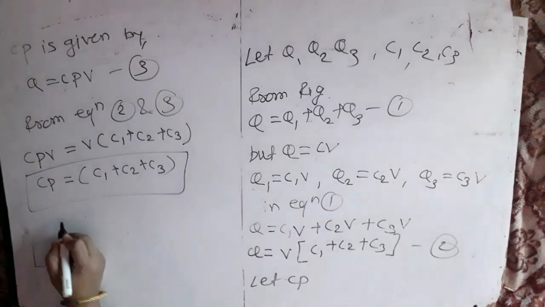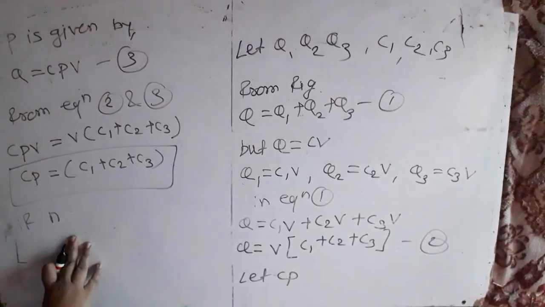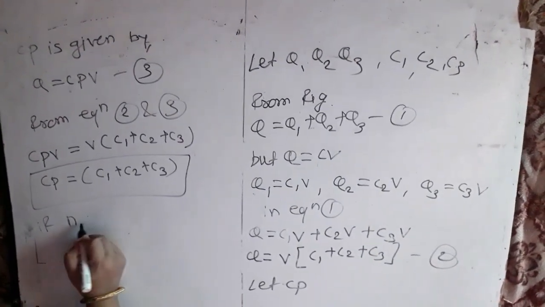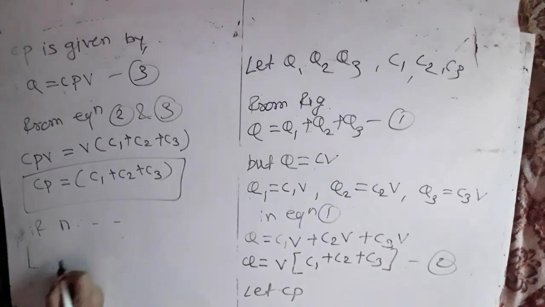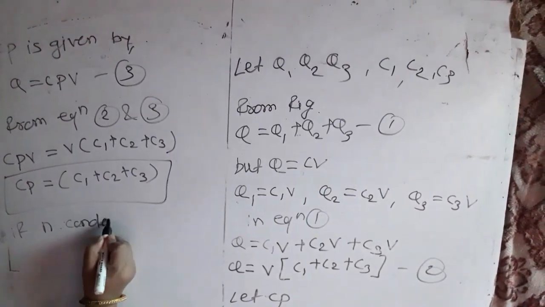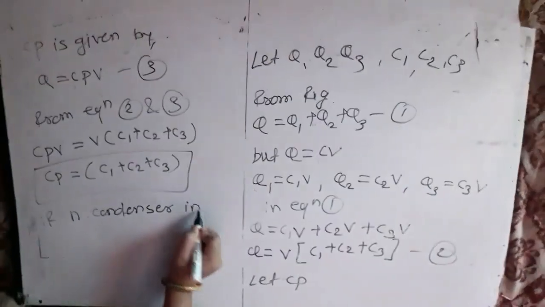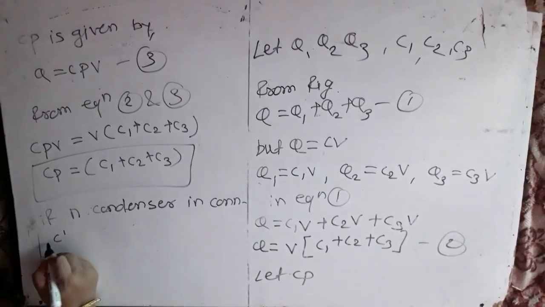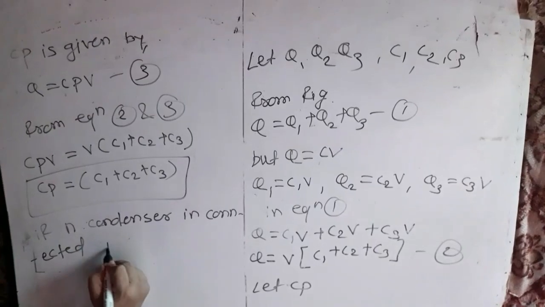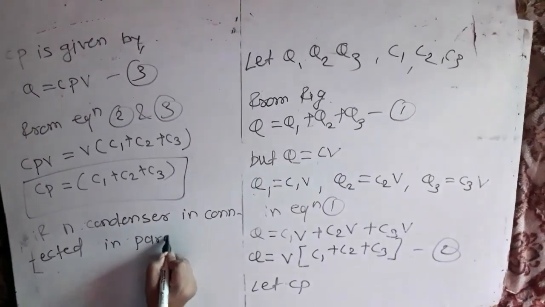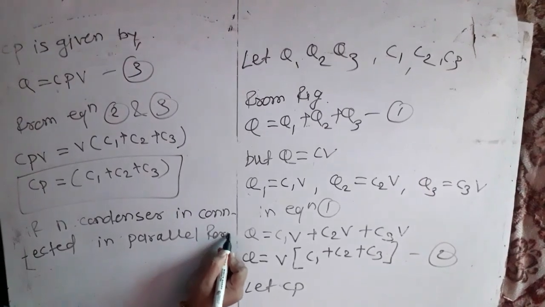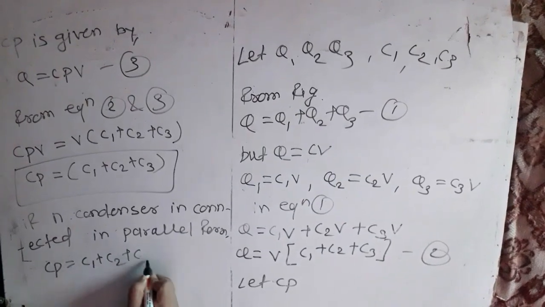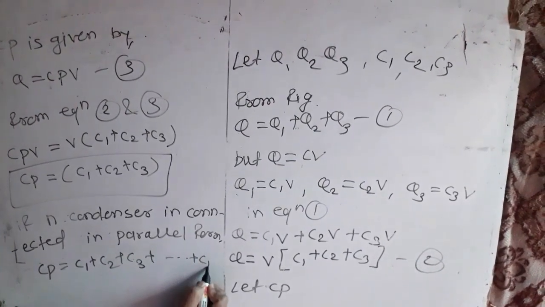Then again, if n condensers are connected in a parallel form, then CP is equal to C1 plus C2 plus C3 plus so on up to Cn.